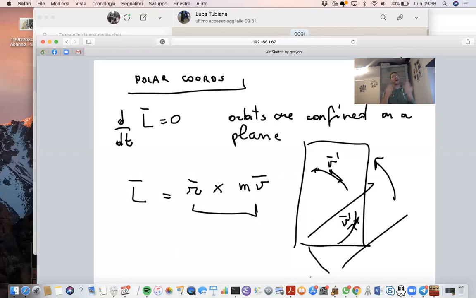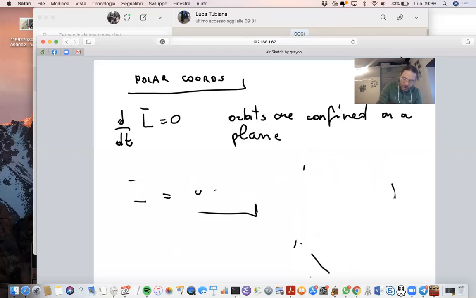So the fact that L doesn't change direction implies that the motion is confined to a single plane. And why is this important? Because if you're on a plane, you only need two coordinates.